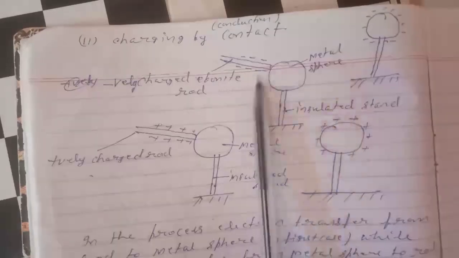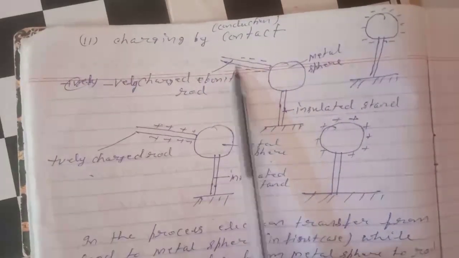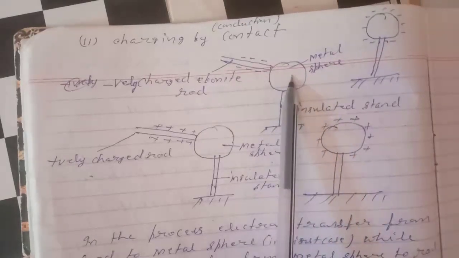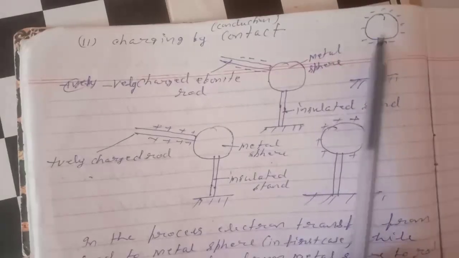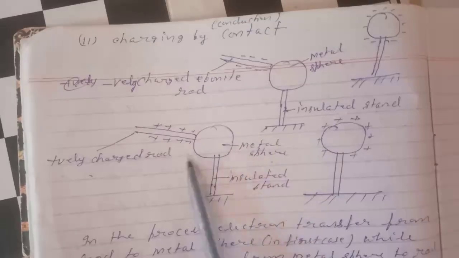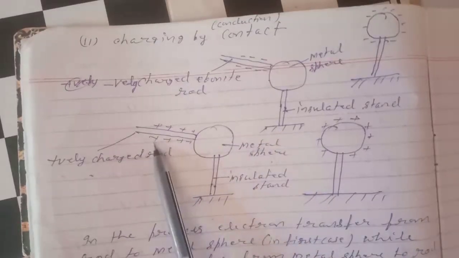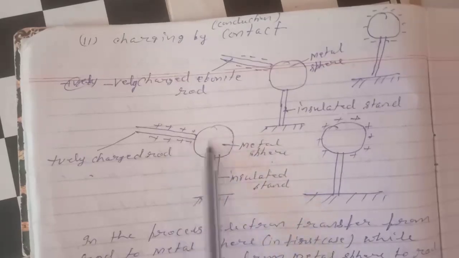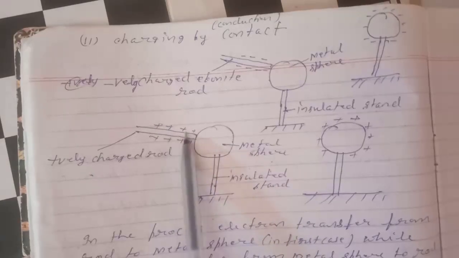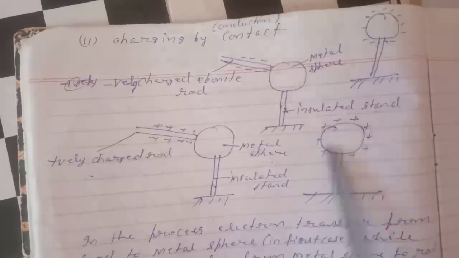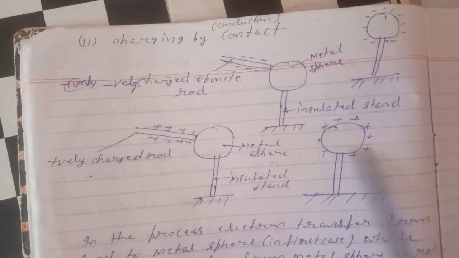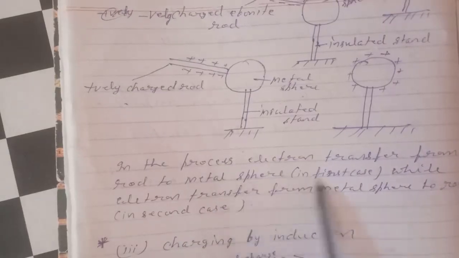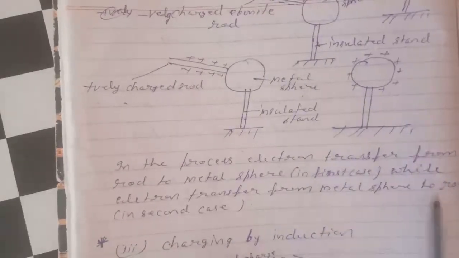Because only electrons can transfer, in the first case the negatively charged rod has excess electrons, and some electrons transfer to the sphere, which was initially neutral but becomes negatively charged after gaining electrons. In the second case, electrons from the sphere are attracted by the positively charged rod, and due to the loss of electrons the sphere becomes positively charged, because the number of protons becomes greater in this body.